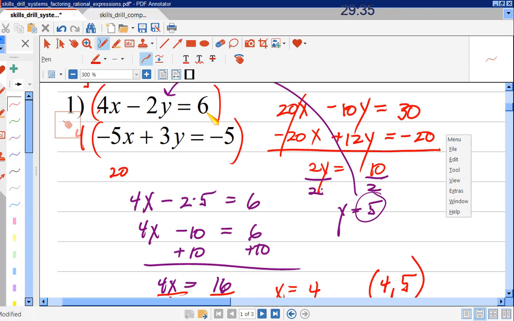Yes, 6 equals 6. Then in the lower equation, when I put in 4 for x, I get negative 20 plus 3 times 5, because that's what the y solution is, equals negative 5. So negative 20 plus 15 equals negative 5. Negative 5 equals negative 5. That is correct. So that means I know that I have a solution to the system.